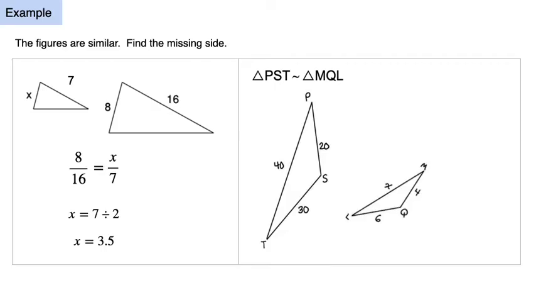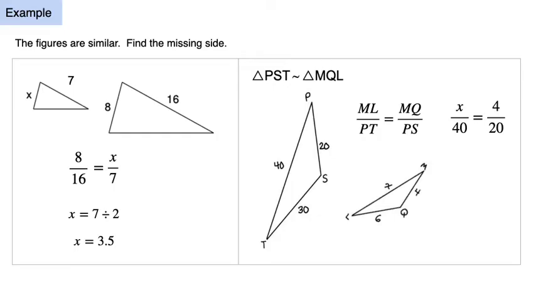So I can write a proportion. ML over PT is equivalent to MQ over PS. Now I'm going to plug in my numbers from my diagram, that x/40 will be equal to 4/20.